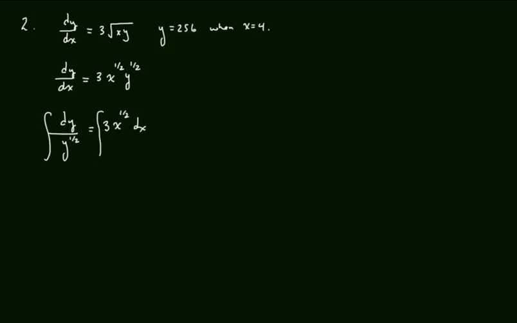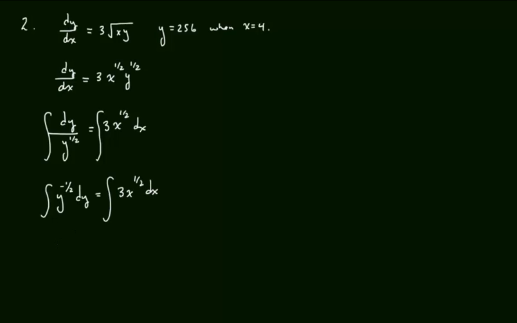I will integrate both sides. And this one, we've got to be careful, it's not natural log, it's y to the negative 1/2 power dy equals 3x to the 1/2 dx, the integral of that.